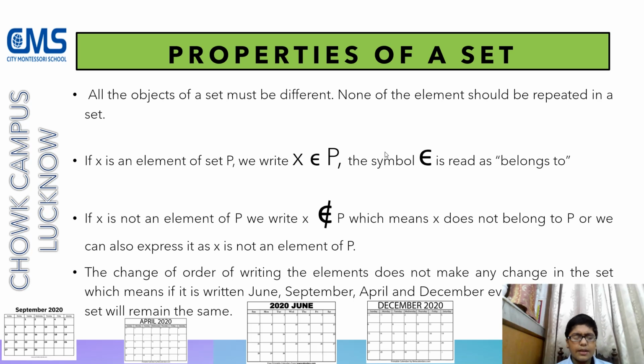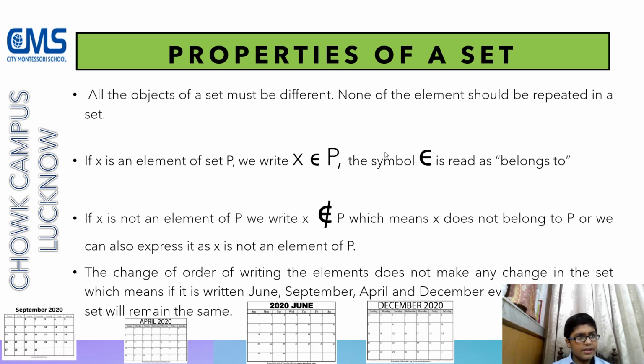If x is not an element of P, we write x does not belong to P, or we can also express it as x is not an element of P. The change of order of writing elements does not make any change in the set, which means if it is written June, September, April and November, even then the above set will remain the same.